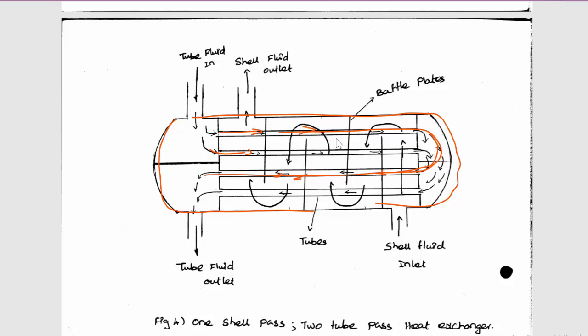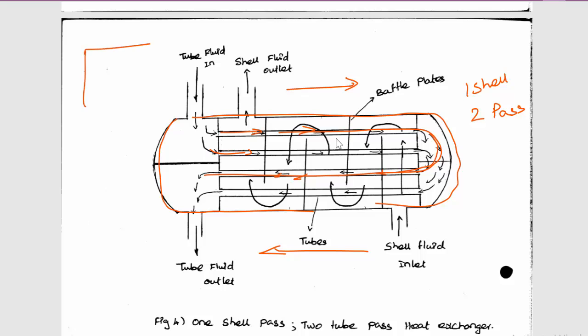So the fluid is passed inside the cylinder two times, one time in the forward direction and one time in the reverse direction. So this is two pass flow. Here there is only one shell, so this is called one shell and two pass.